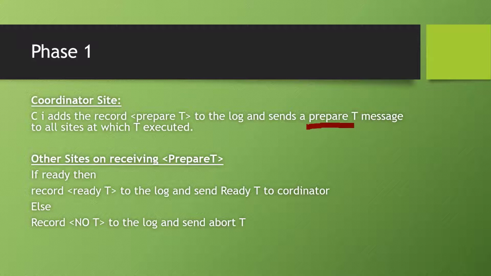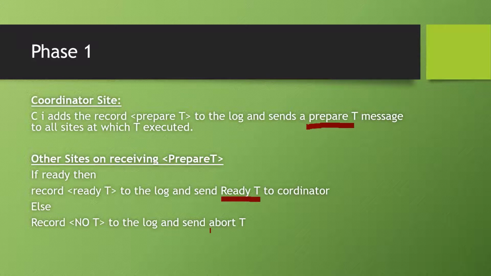Now what do the participating sites do? They receive the prepare T message from the coordinator. Now they have to reply to the coordinator. There could be two replies: either ready T or abort T. When will it send ready T?